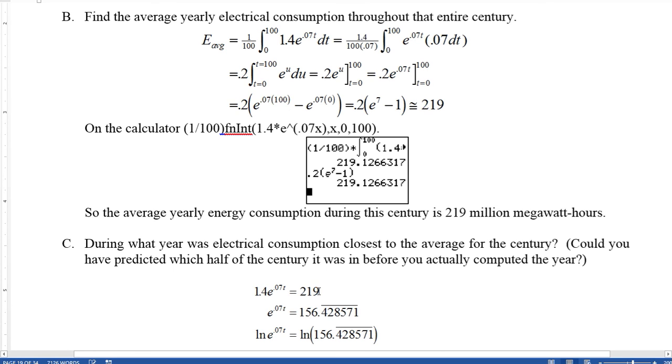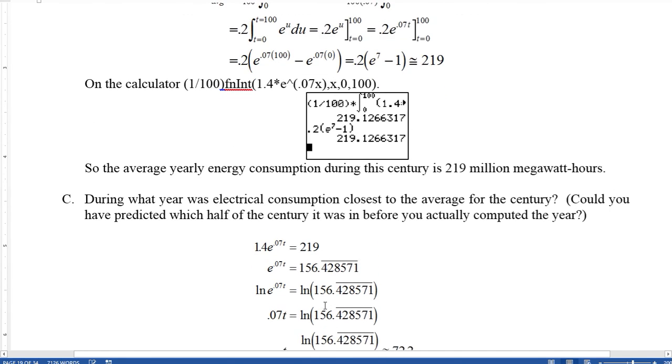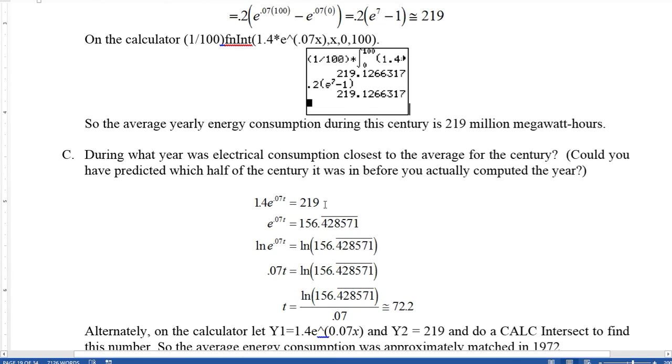I probably shouldn't have rounded this off. I probably should have used more digits here, or even used the exact value, 0.2 e to the 7th minus 1, and found when these two are equal to each other.